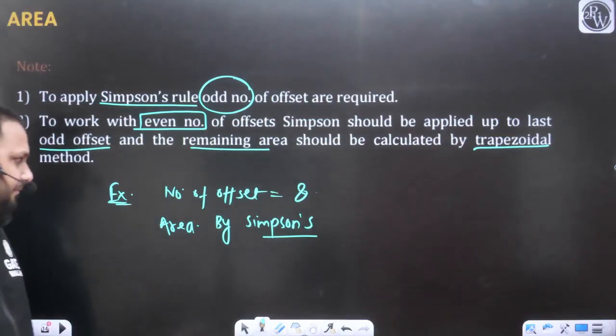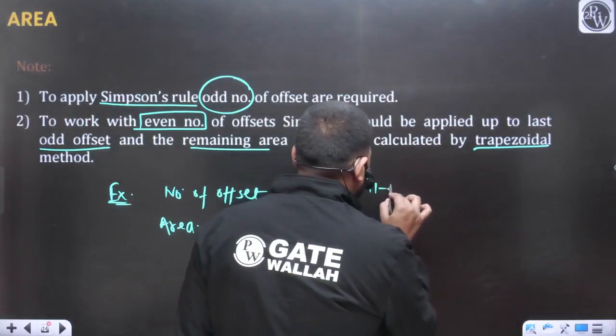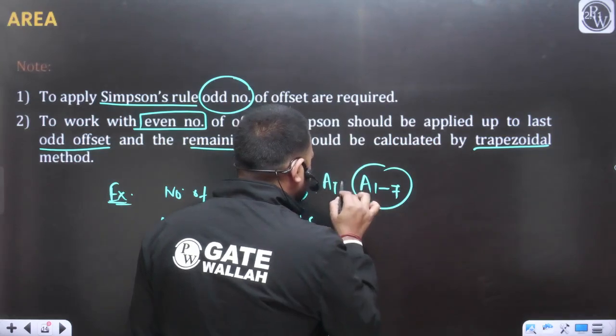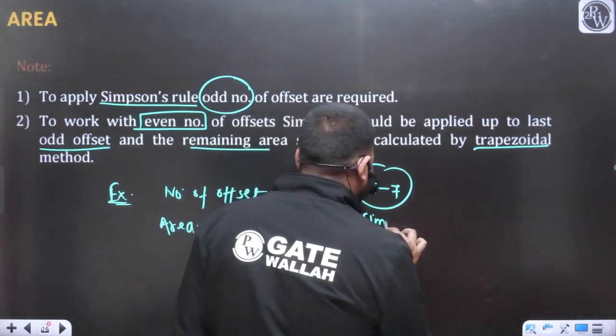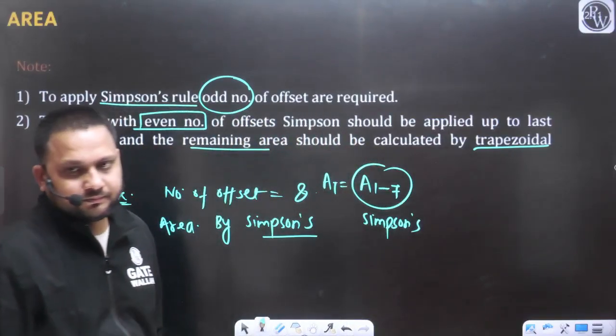Don't worry, let's see. For this case, we will calculate the area from offset number 1 to 7 with Simpson's method. Yes or no?